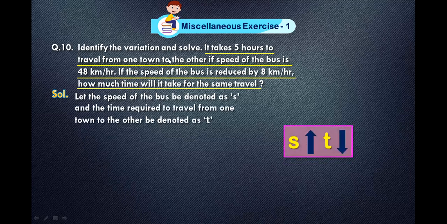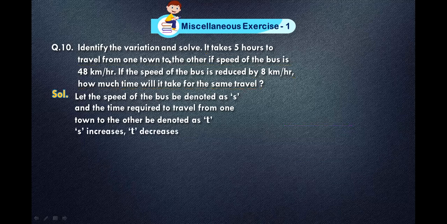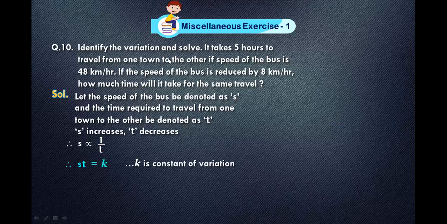And as you all know, if speed increases, time will decrease, and if speed decreases, time will increase. Correct? Okay, I'll show that particular part also. So s increases, time decreases. That means it is an inverse variation, right? And when you have inverse variation, you multiply s and t to get k.